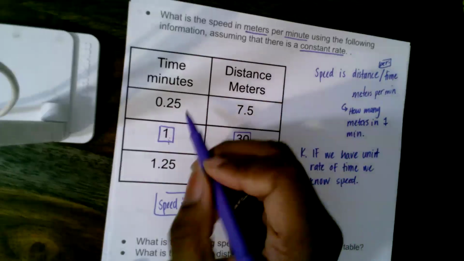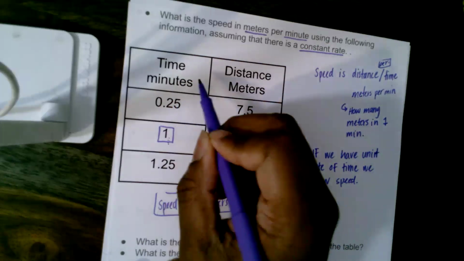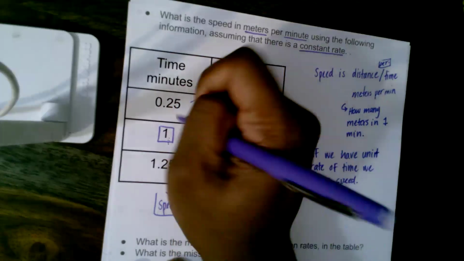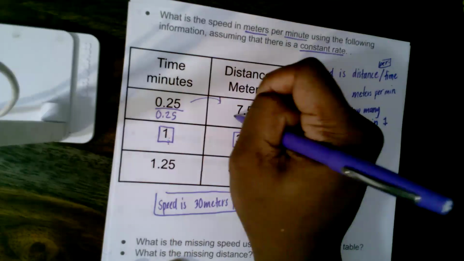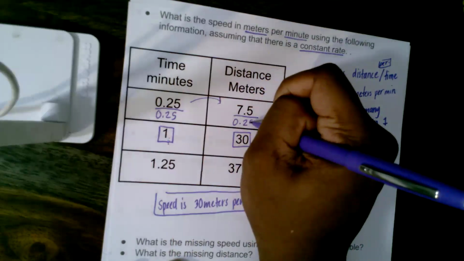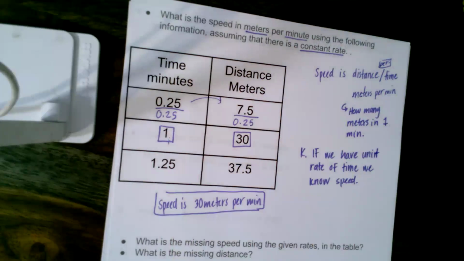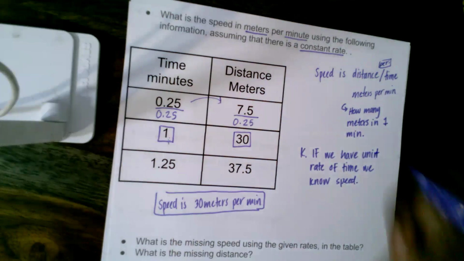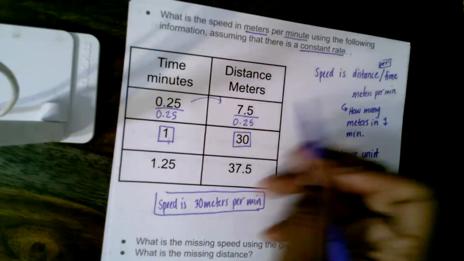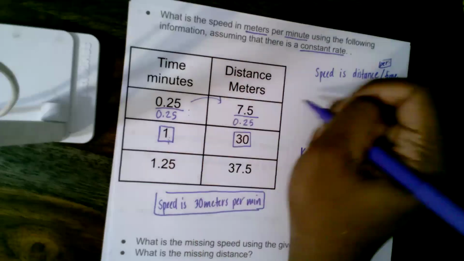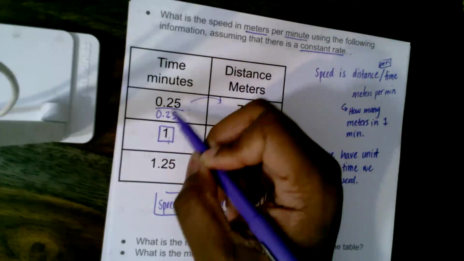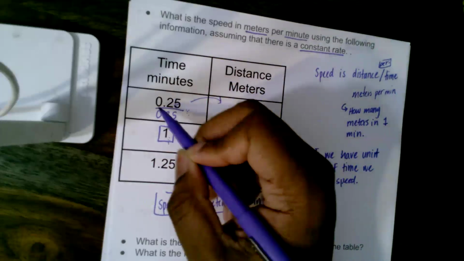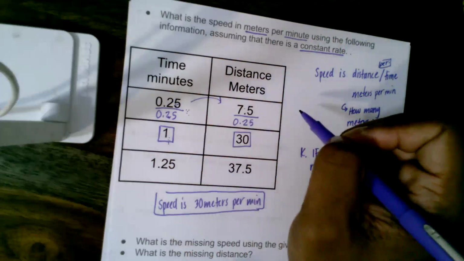We know that to get from this to this, we have to divide it by itself, right? And watch this. Basically, that's saying to figure out how much time in 1 minute, you have to divide 7.5 by 0.25. Because what you do when you divide something by itself, it becomes 1. And then what you do on one side, you have to do on the other.